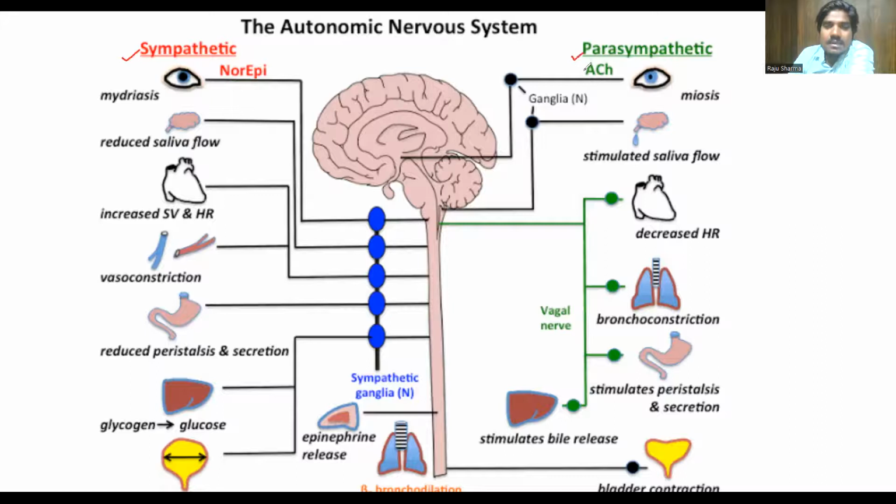The parasympathetic nervous system. Okay, so in simple words, if I tell you, this sympathetic nervous system activates our body. It activates or prepares our body for fight, flight or fright situation.